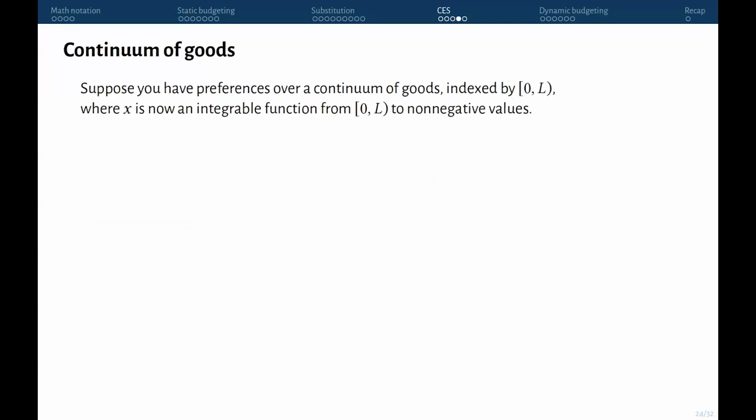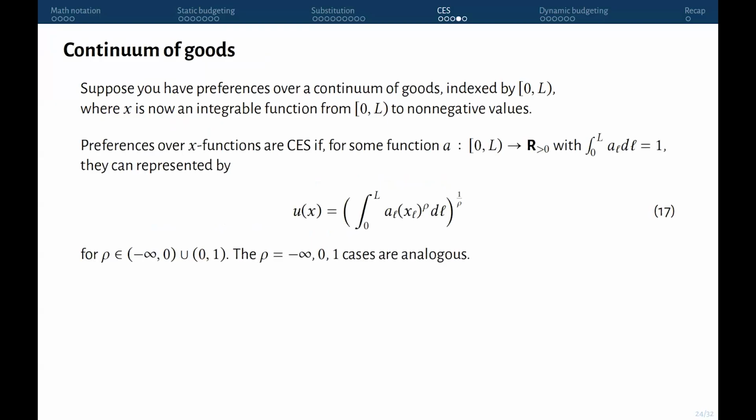Okay. You can do all this in a continuous space of goods as well. You can have a maximum index good big L, where L can be finite or infinite. And then these weights, now you have to integrate to 1 rather than summing to 1. Otherwise, everything is analogous.